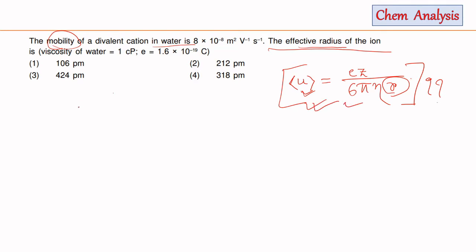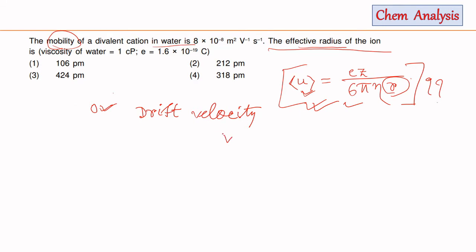When an ionic species moves in a viscous medium, the ion reaches a velocity that is known as drift velocity. It is the average velocity attained by the ionic species when they move in a viscous medium in the presence of an applied electrical field.